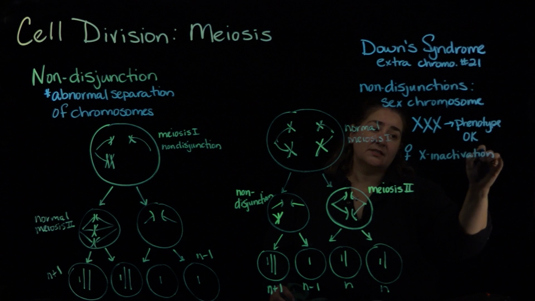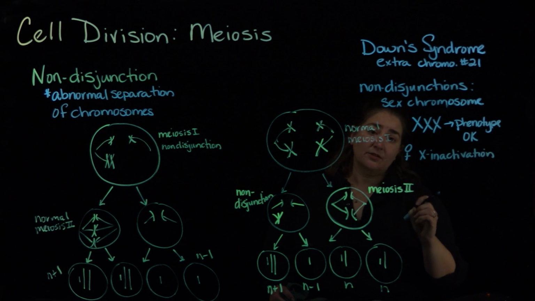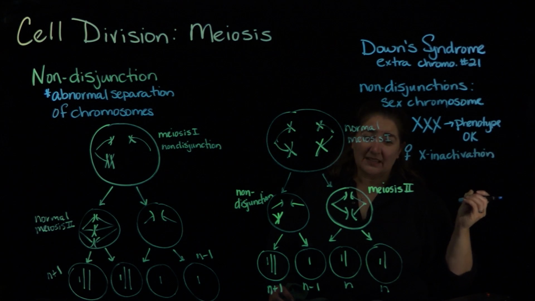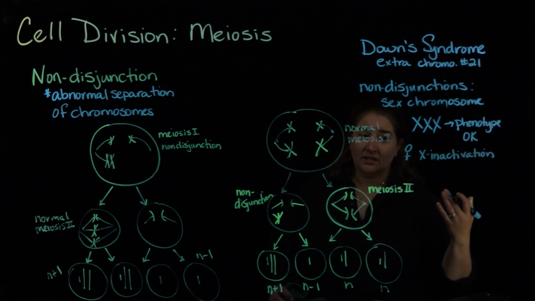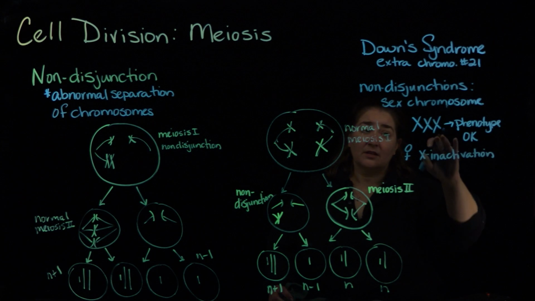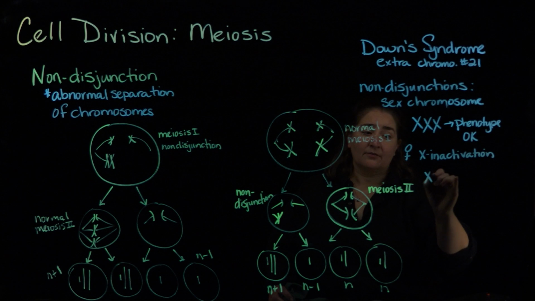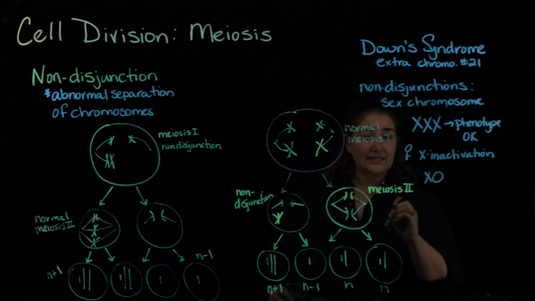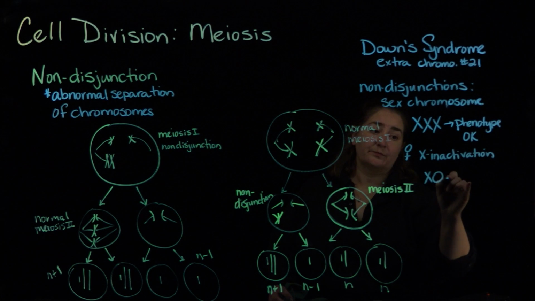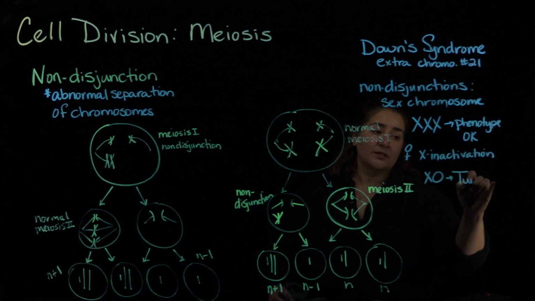The extra genetic material gets inactivated, lies there dormant, and it's not a problem. Alternatively, a female can be XO, where O means you're missing one X chromosome. That gives rise to Turner syndrome.